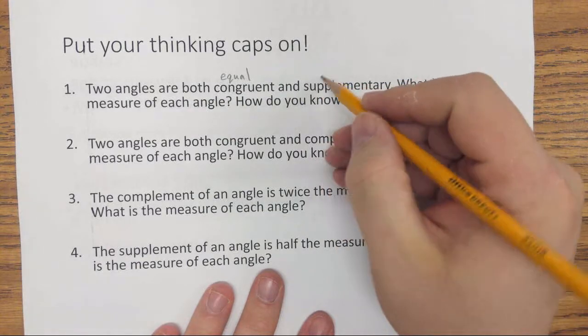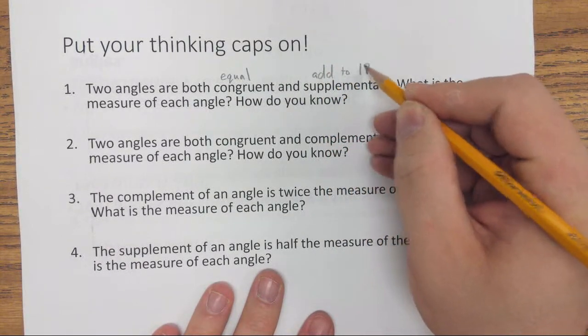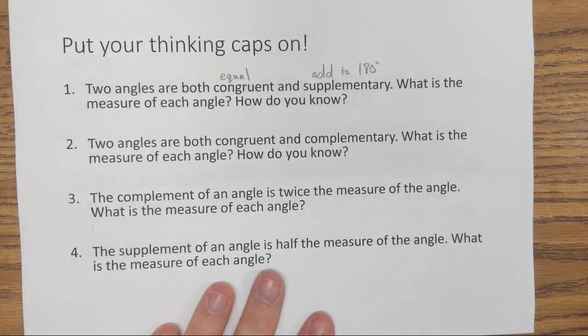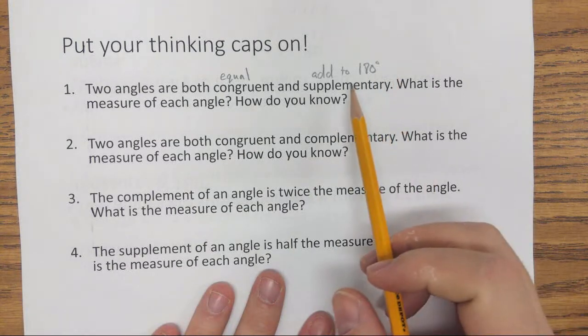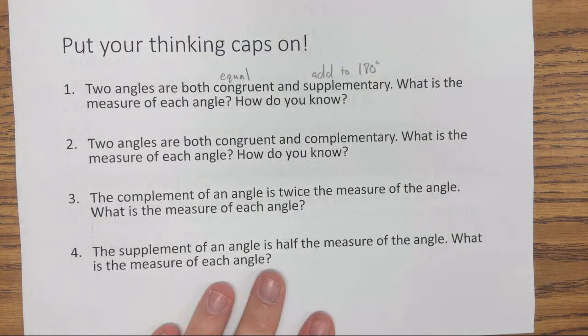Supplementary means, remember, they add to be 180 degrees. So if the two angles have to be equal, what is the measure of each angle? Well, what measure plus what measure adds up to be 180? There's a whole bunch of possibilities, but I know that these both have to be equal to one another. Okay?